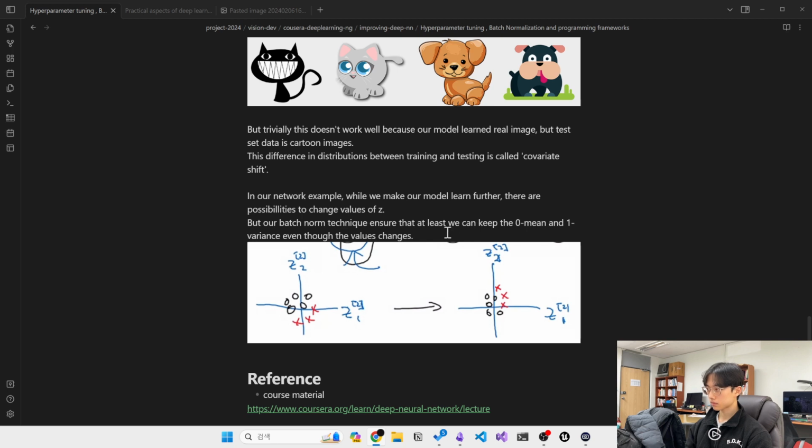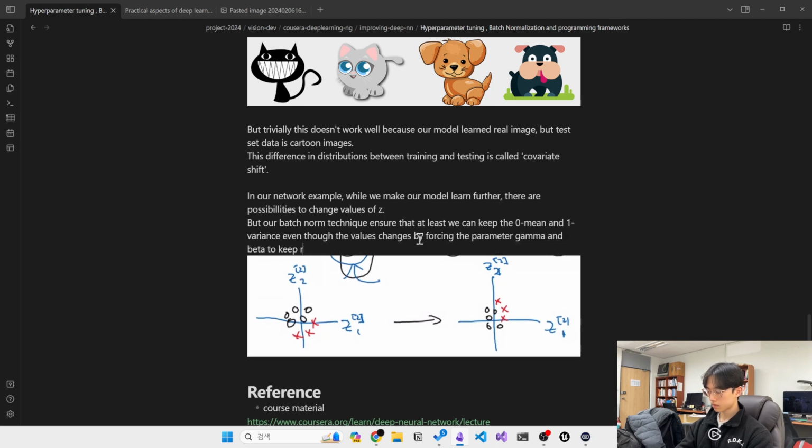But what this does is it limits the amount to which updating the parameters in the earlier layers can affect the distribution of values that the third layer now sees and therefore has to learn on.